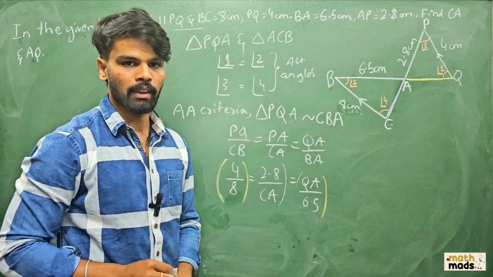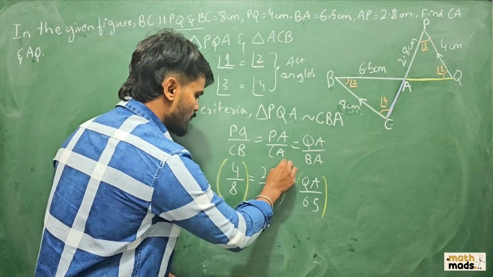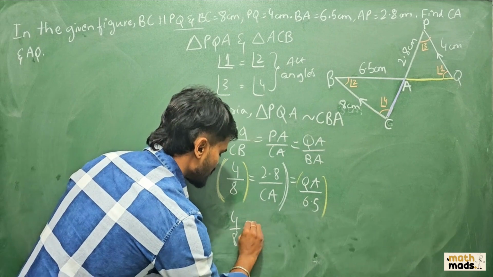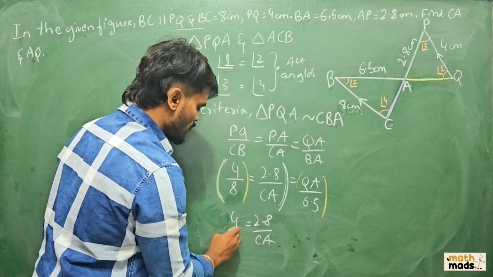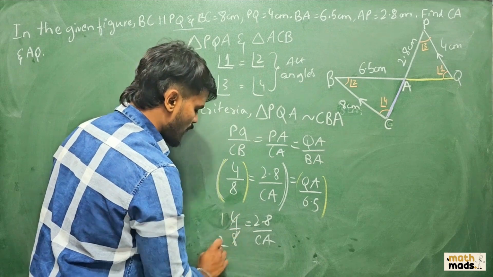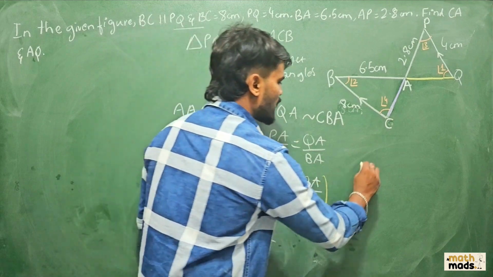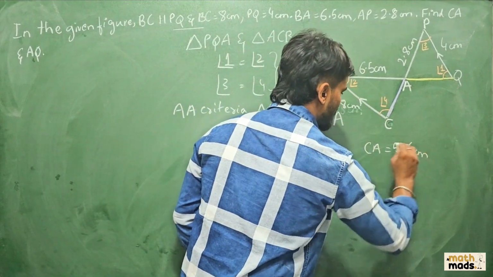Then we'll find QA. Okay, so we have to do two cases here. So the first case, let us just consider these two things. So we have 4 by 8 is equal to 2.8 by CA. So if you cancel this, 4 ones are 4, twos are 2.8 into 2 is 5.6. So we'll be getting CA is equal to 5.6 centimeter.